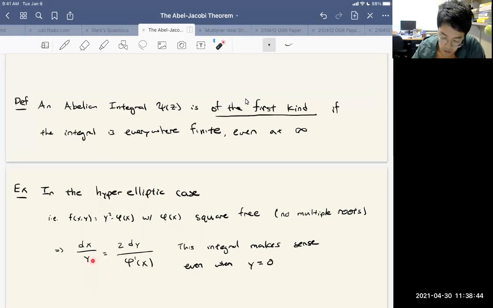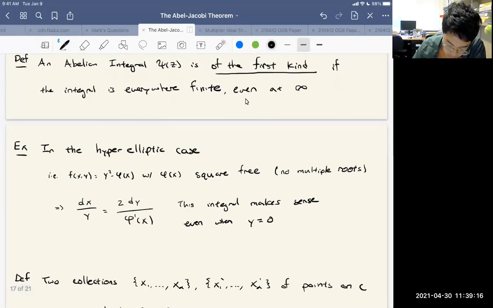A priori, we could have some poles when y is equal to 0. But because this polynomial is square free, it has no multiple roots. So for the points that lie on the curve with y equals 0, this right-hand side is actually going to be something that you can integrate.